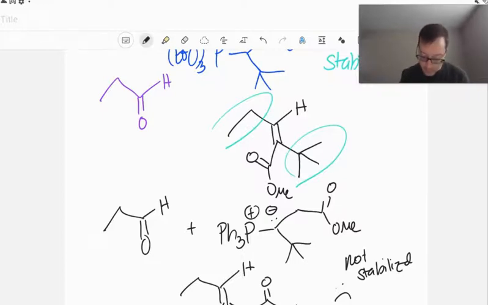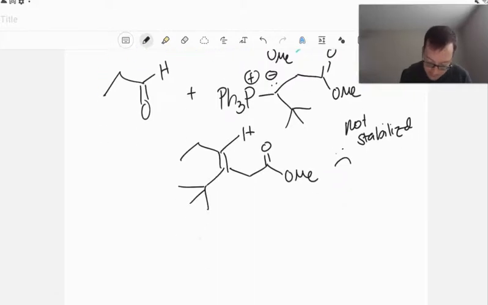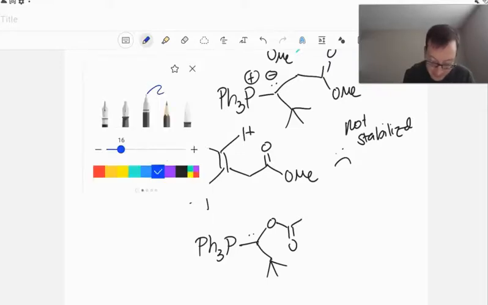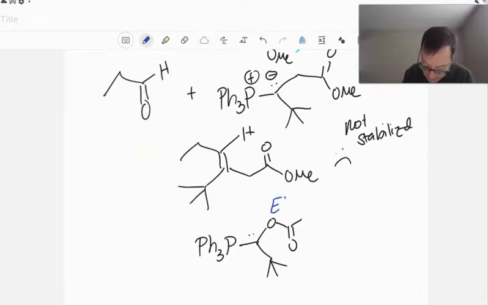Or if you have it the opposite way, even if you have something like this, this is not stabilized either. This is the opposite of stabilized, because this one pushes electron density. This thing is not an electron withdrawing group, it's an electron donating group, right? Because we have the oxygen here now, we in fact are pushing electrons towards our thing.